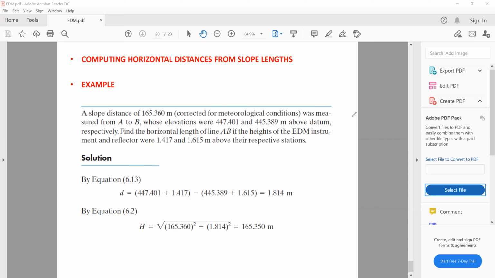So they have given you the sloping distance, the reduced levels and the height of the instruments. Using the reduced levels and height of the instrument, you can find out the elevation difference between the two instruments. And once you have that, you just plug the values into the equation to find out the horizontal distance from the sloping distance.